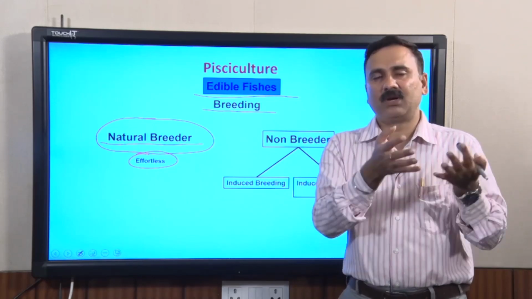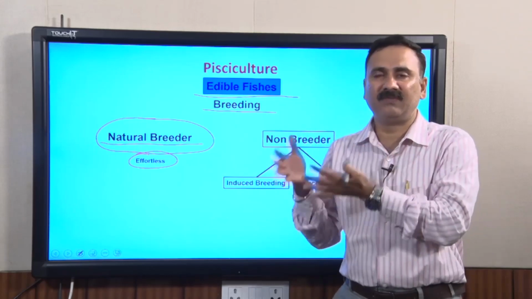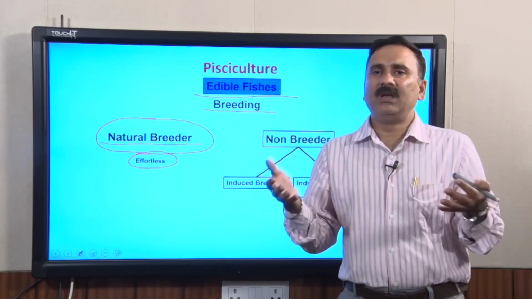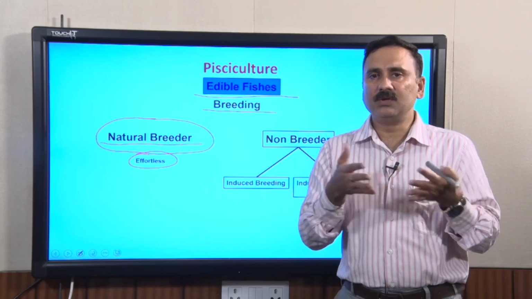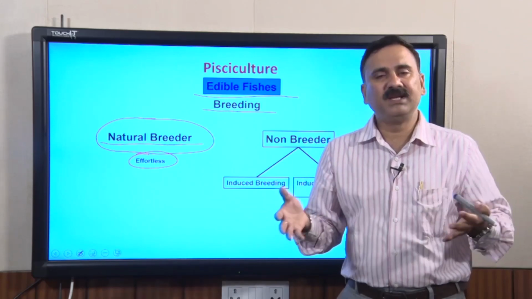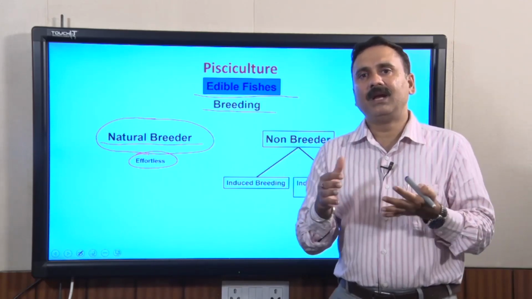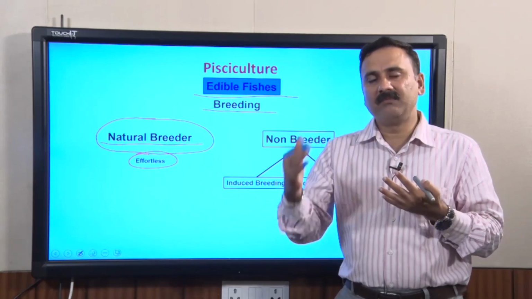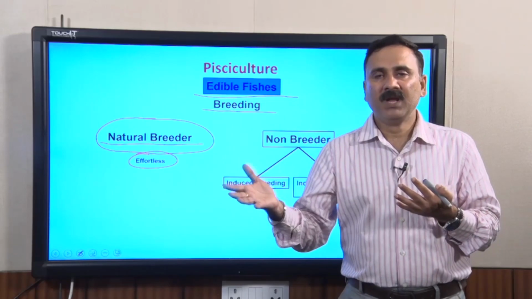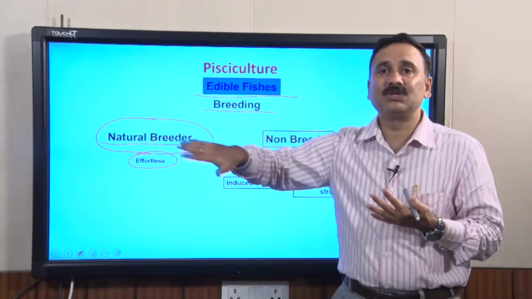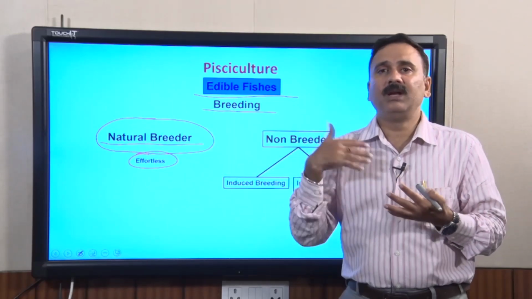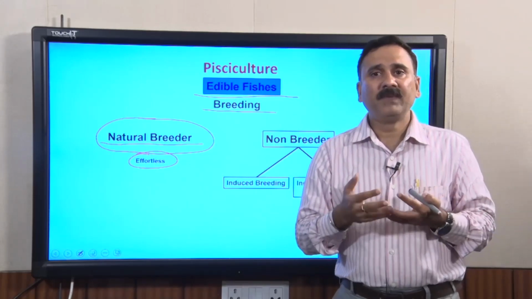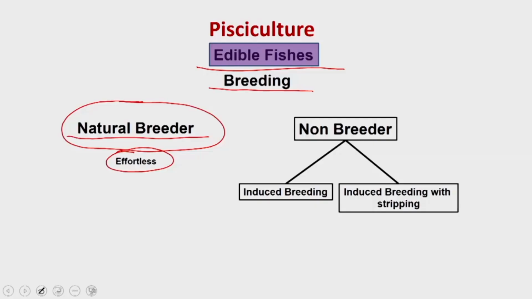Out of these fishes, some are going to be male and some female, and then these male and female fishes are going to produce more seeds or eggs, and that is how you can keep breeding these fishes in a pond. For these kinds of natural breeders, you do not need to adopt a special procedure, and they are effortless.